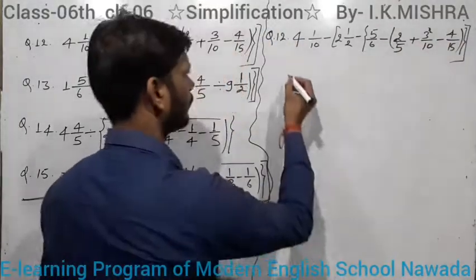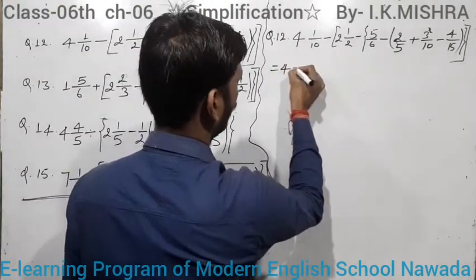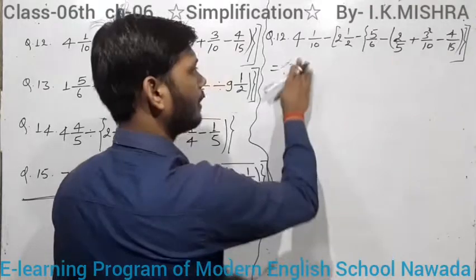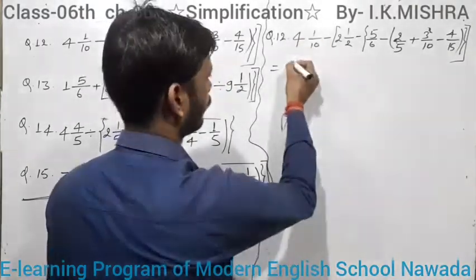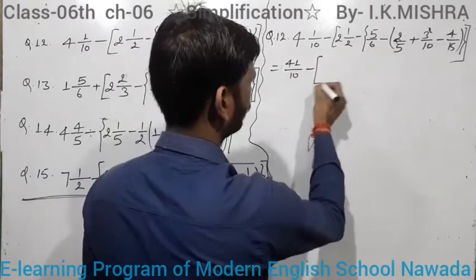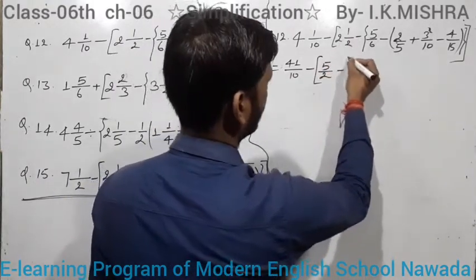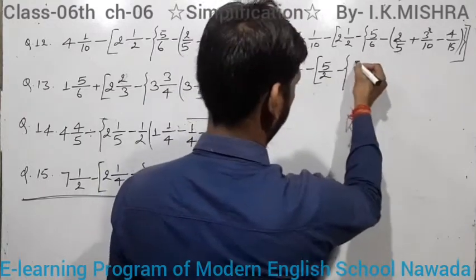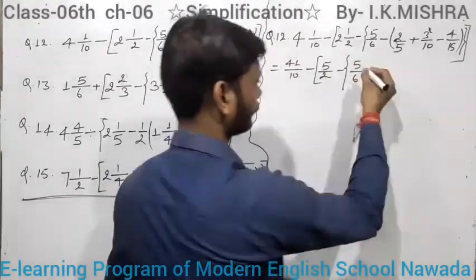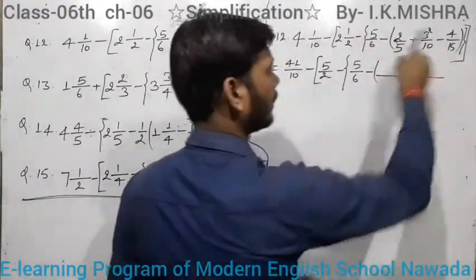So friends, first of all, 4 whole 1 by 10 you can change into an improper fraction. So here 41 by 10 minus 5 by 2 minus 5 by 6 minus, and do the operations in this bracket.